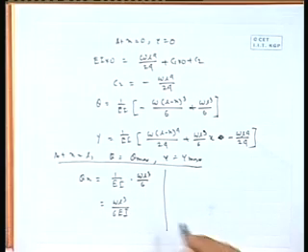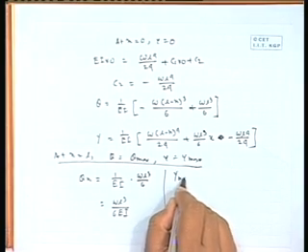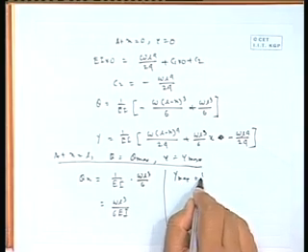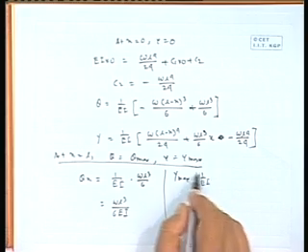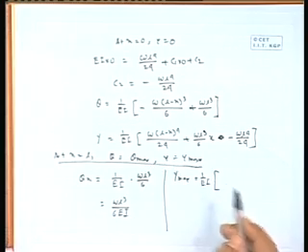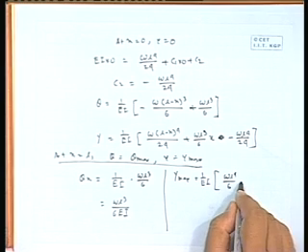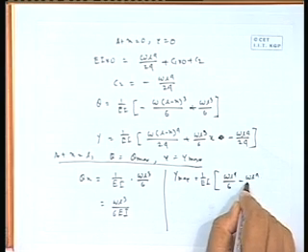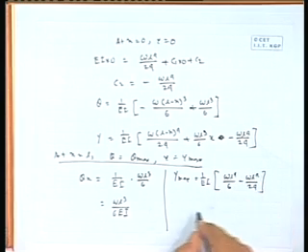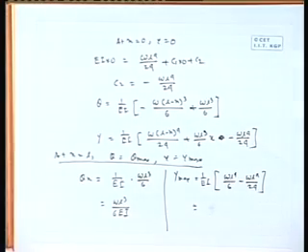Now, if I find out y max, 1 by EI, this part will be 0 and this part will be omega L to the power 4 divided by 6, minus omega L to the power 4 divided by 24. So, it is omega L to the power 4, 1 by 6 minus 1 by 24.